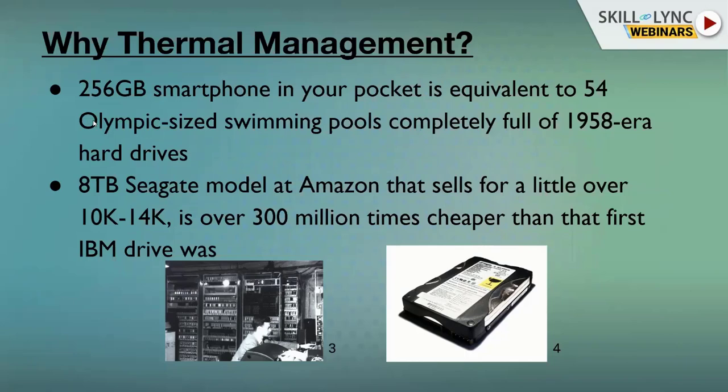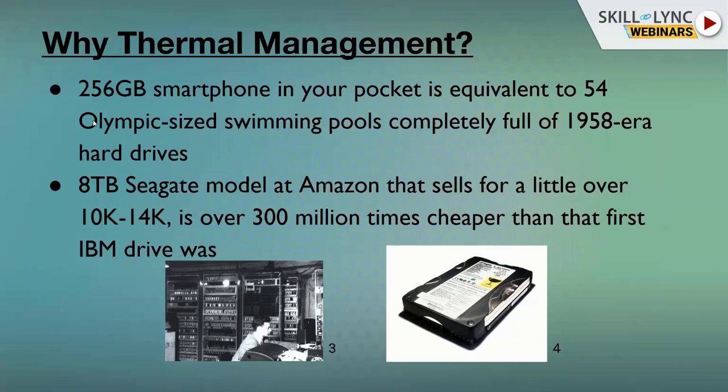You can go to Amazon and check the 8 TB Seagate hard drive. You can get it for 10,000 to 14,000, which is 300 million times cheaper than the first hard drive made by IBM.